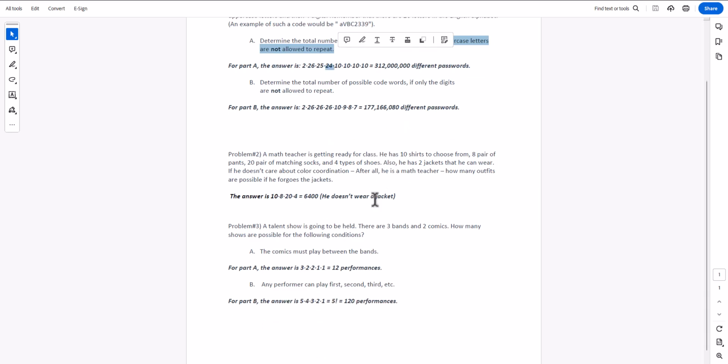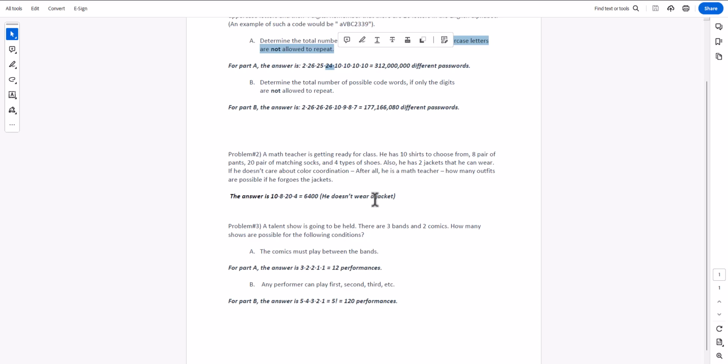The second problem states the following. A math teacher is getting ready for class. He has 10 shirts to choose from, 8 pairs of pants, 20 pairs of matching socks, 4 types of shoes. He also has 2 jackets that he can wear. If he doesn't care about color coordination, after all, he is a math teacher, how many outfits are possible if he forgoes the jackets?